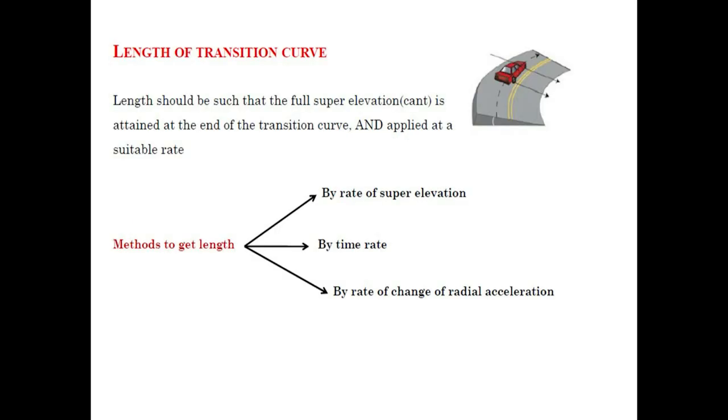Next, the length of the transition curve should be such that the full super elevation is attained at the end of the transition curve and applied at a suitable rate. So for finding the length, we have three methods, that is by rate of super elevation, by time rate, and last by rate of change of radial acceleration.